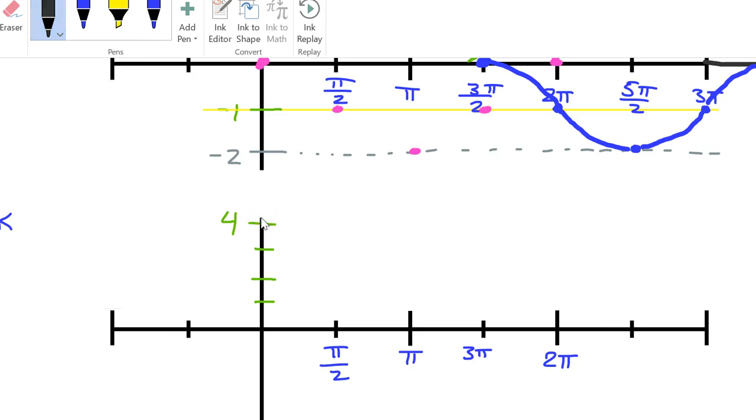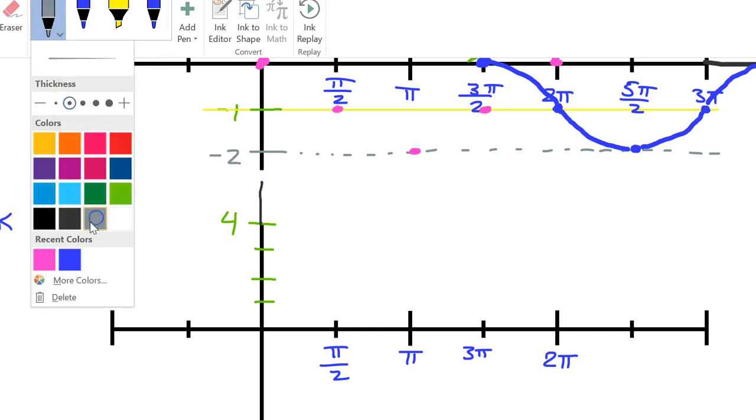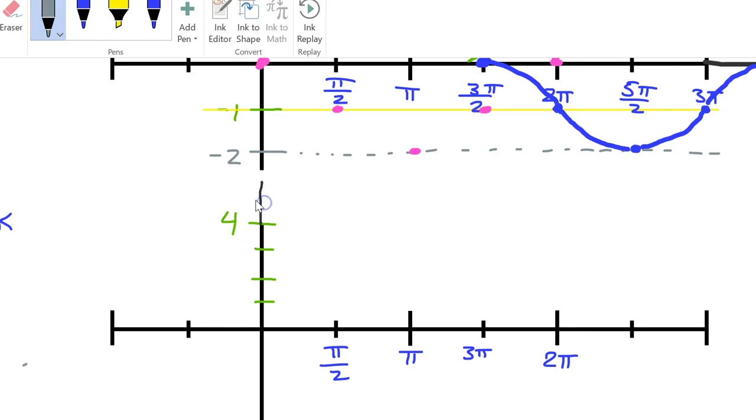Okay, so I really need to stretch this out a little bit more. Okay, because the amplitude is 1, so I'm going to have to go up 1 to 5, and I'm going to have to go down 1 to 3. Okay, so these are going to be my highs and my lows.